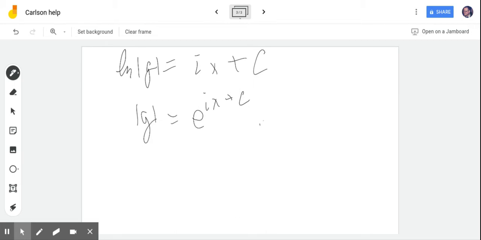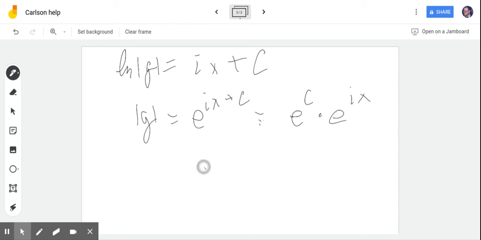But I can take anything that's added in that upper part, and that can become multiplied together. So e to the c multiplied by e to the ix. Then that e to the c will just be its own constant. And then I can also take the absolute value out as its own constant as well.